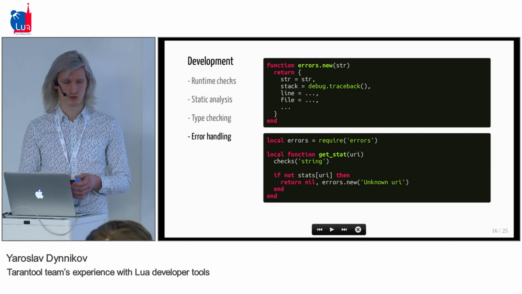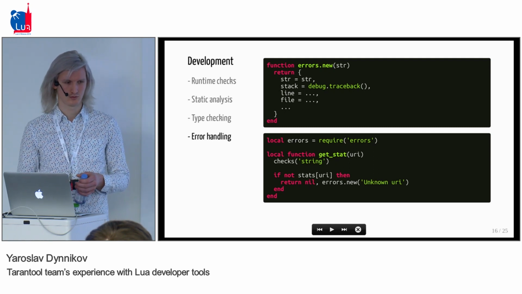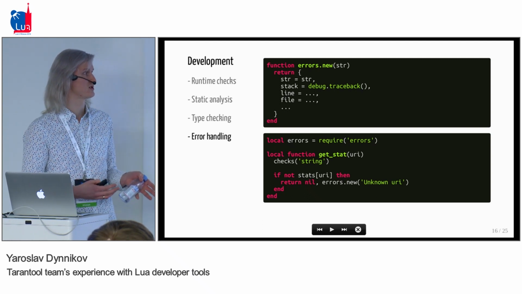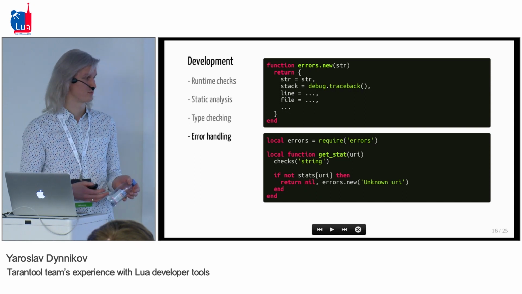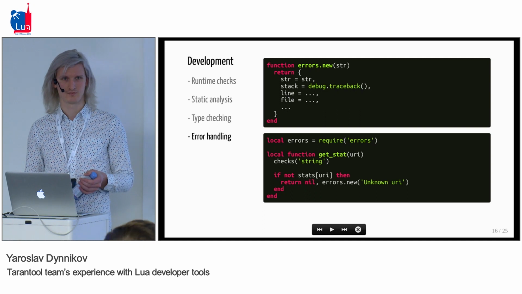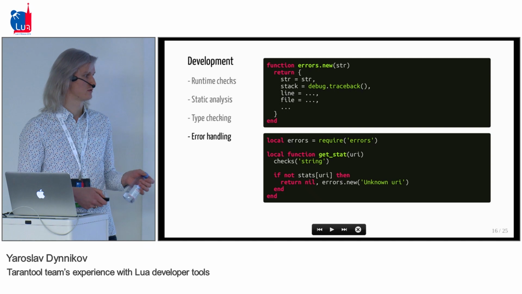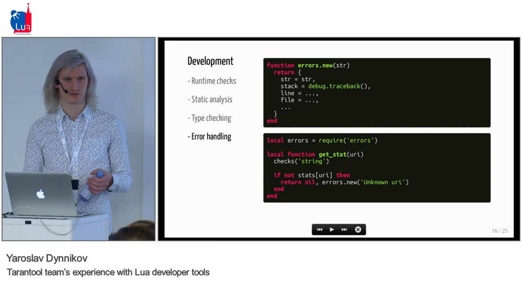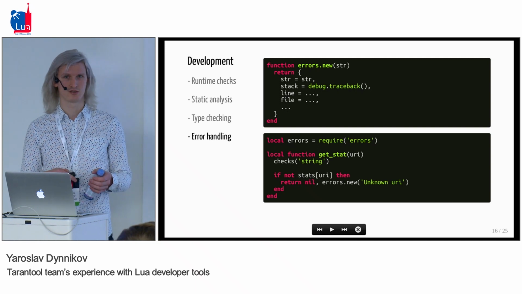And to eliminate this problem, we usually use the next approach, which is implemented in another small module, and the entire idea is that you should return something like error objects with the traceback encoded inside.